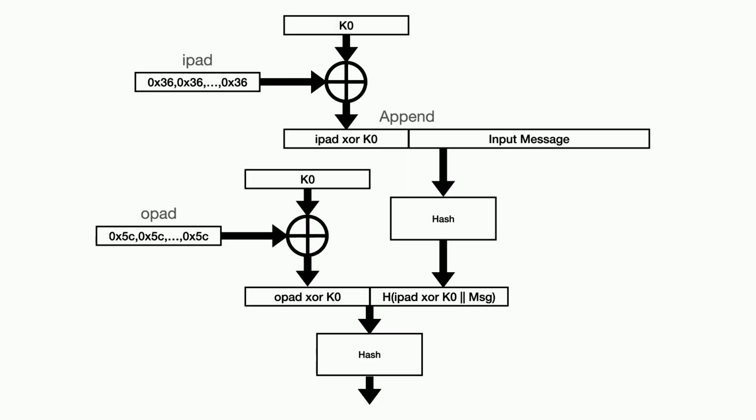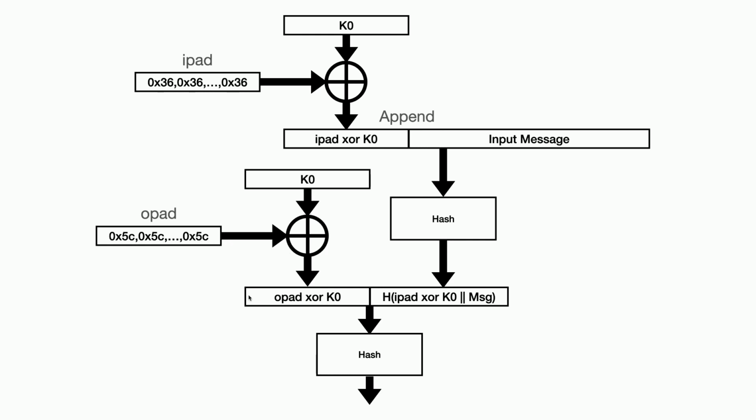So we've got our key, and then we do this, which is we take our key, we XOR it with a string of bytes of 0x36, hex 36, XOR them together, and tack your input message onto it, hash all that, and you get this part of the next stage. You take again your key 0, XOR it with the output pad, which is a string of hex 5C values.